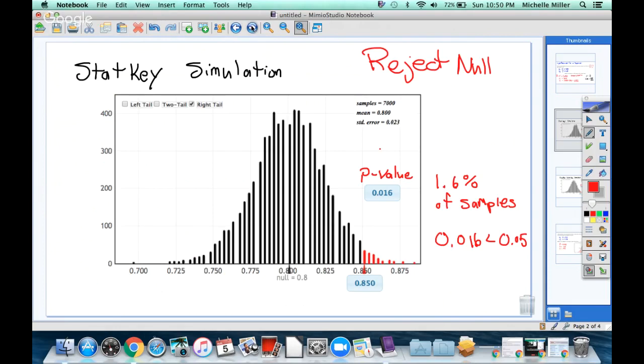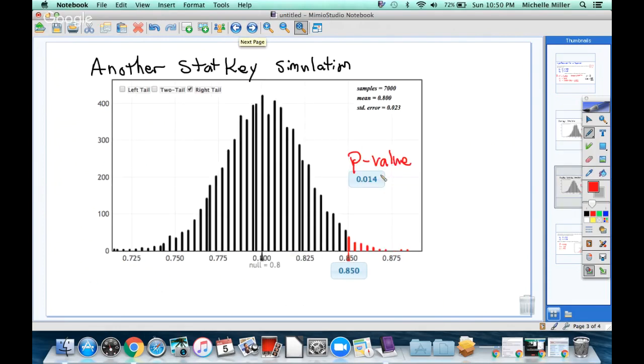So I ran the simulation again. I got a slightly different p-value the second time. I got a p-value of 0.014, so that would be 1.4%. That's my p-value. Notice we're using p for p-value.